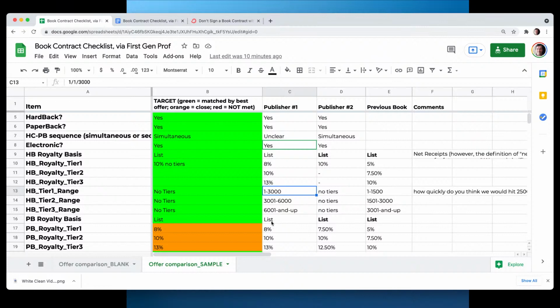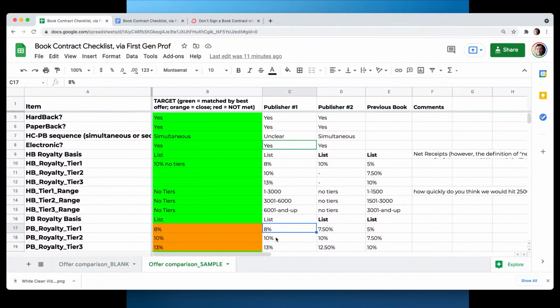In most cases that would be a paperback. The paperback is the one where you definitely want tiers, unless you just get some amazing royalty rate for all copies sold. And I guess that's possible. But you want tiers on your paperback royalties because that's where the publisher is going to be investing a lot of their energy in making sales.